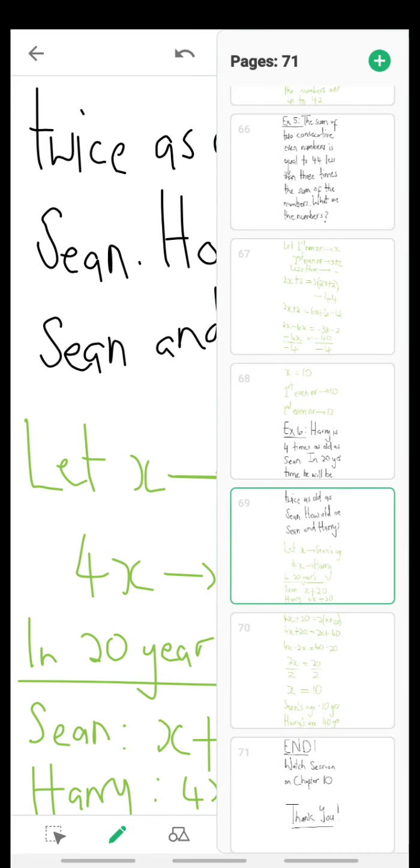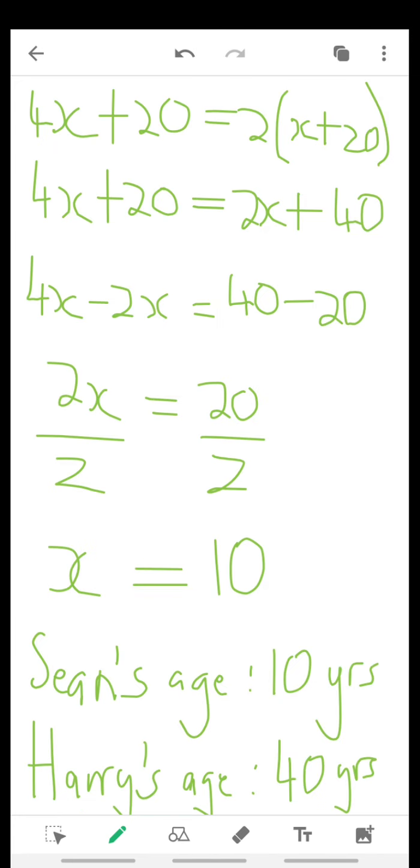Okay, but what is it that we know? We already know that Harry will be twice as old as Sean in 20 years time. So twice will be 2 times the age of Sean, which is x plus 20. And then from here, we have an equation.